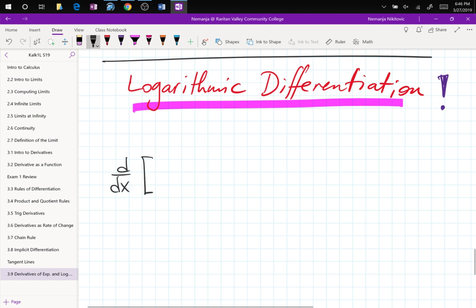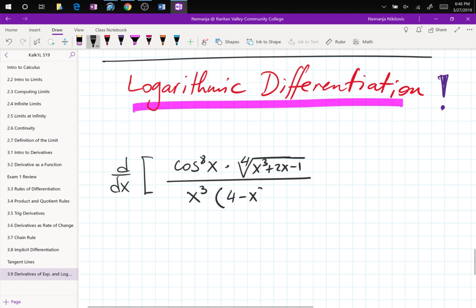So the derivative of cosine to the 8x times the 4th root of x cubed plus 2x minus 1, divided by x cubed times 4 minus x squared to the 5th power.